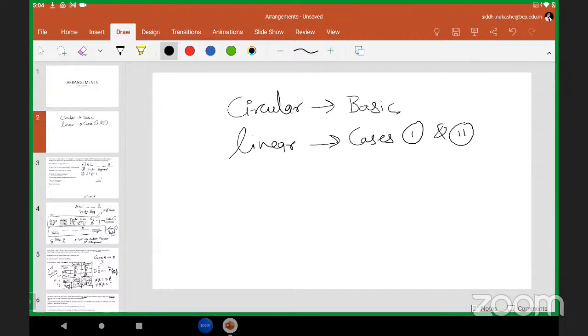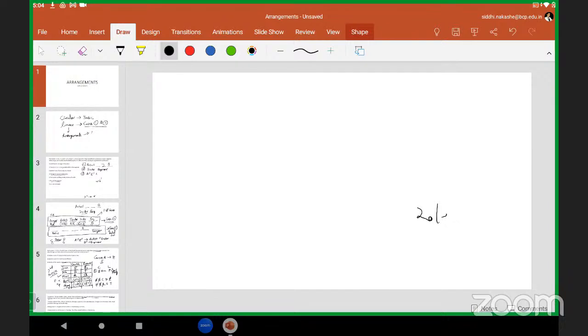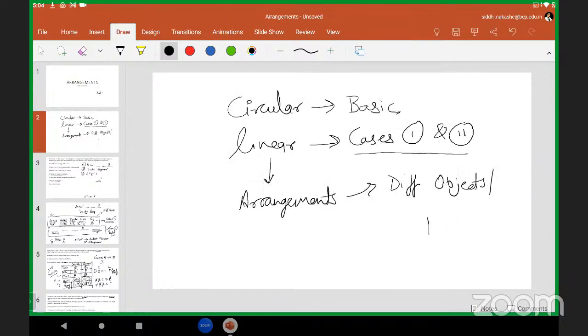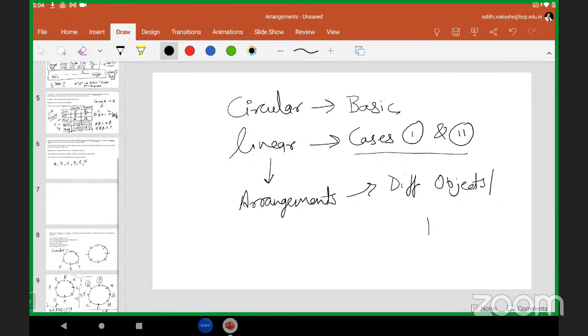So how to create multiple cases, and then linear arrangements with different objects or roles associated, that is the job or anything that they are associated with. Fine. So this was for arrangements with conditions. I hope that's clear. We'll meet in the next session.